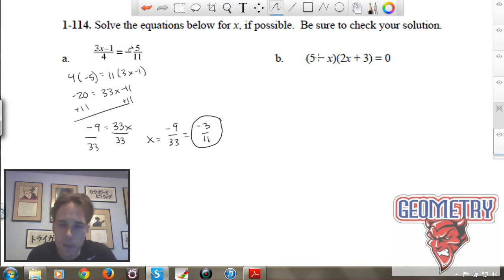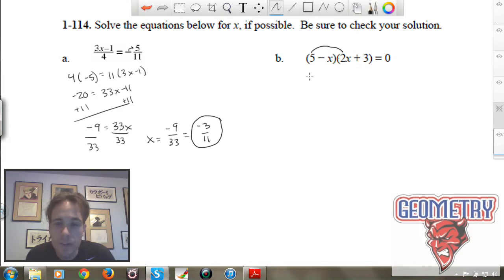In part B here, we have binomial times binomial. Most of you have probably learned this by doing the box and diamond method or the FOIL method. I learned by just distributing the factors into the other polynomial. And so I am going to go through how each one is distributed here.